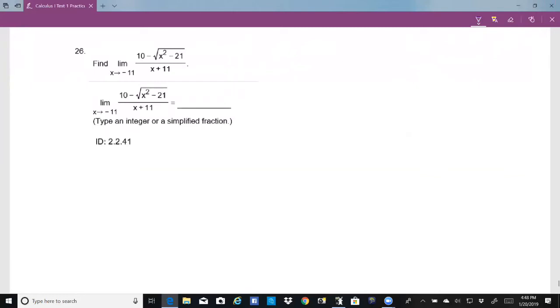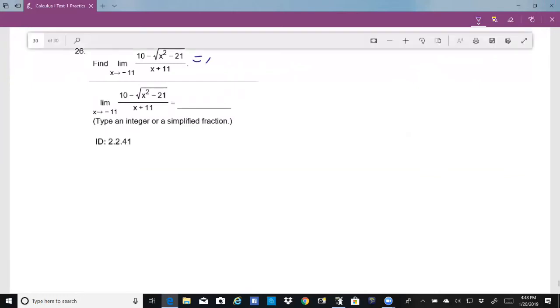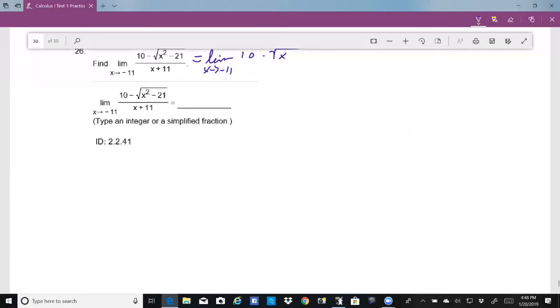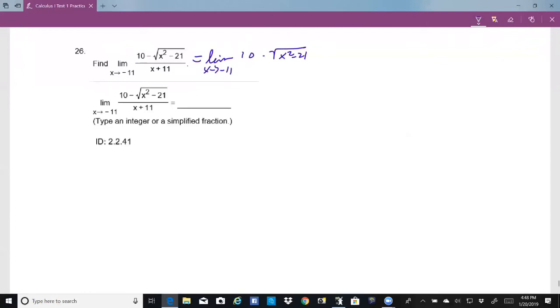Here we would say that's the limit as x approaches minus 11 of 10 minus the square root of x squared minus 21, divided by x plus 11.